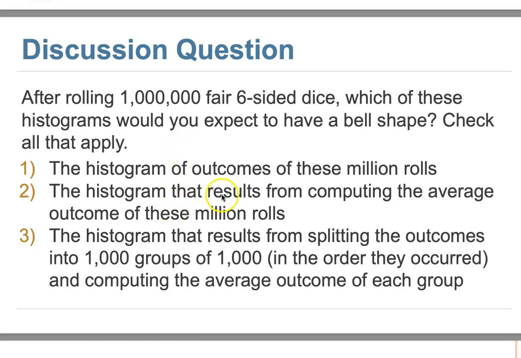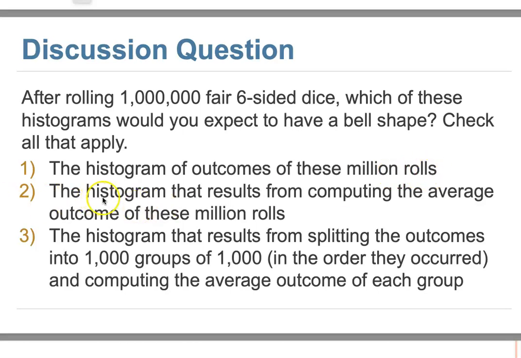Outcomes are only 1, 2, 3, 4, 5, 6, so when you put them in the histogram, each result will be very close. That's why it becomes a straight line. That will be the probability, right? So each one's height will be 1/6, which is about 16.67%. So the first one is a straight line.